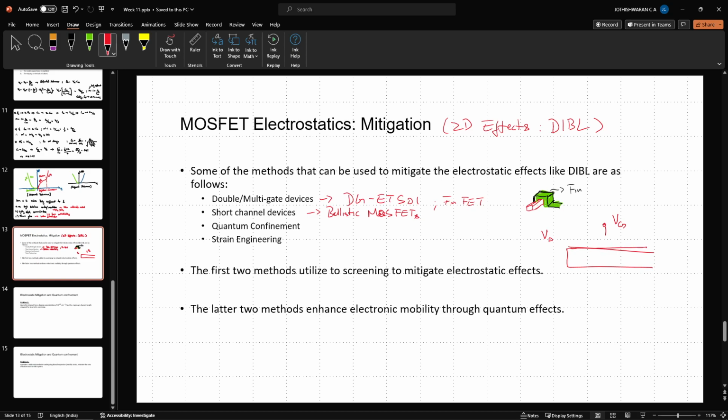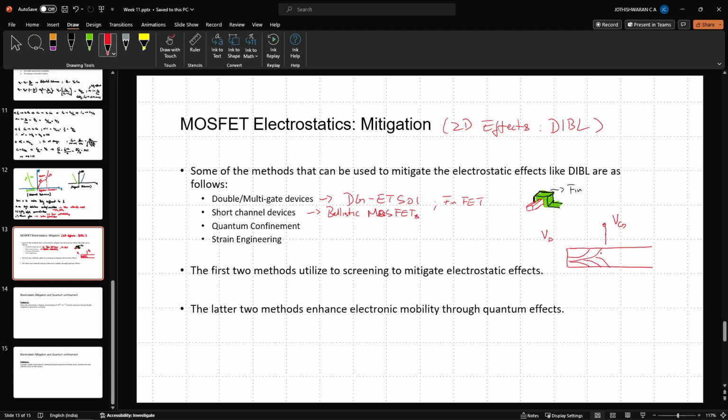Electric field lines always move from one electrode to the other. Given that all the other electrodes are grounded, the electric field lines will go like this, and they will come like this.